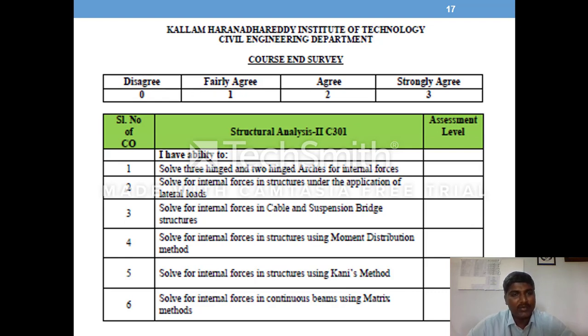Or for example, if in unit 2 the student is not sure that he is able to do it, he can just give 2. And for example, if you take CO6, matrix methods, a little bit of advanced content, he may give 1 for that.